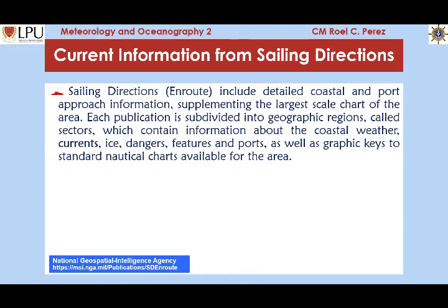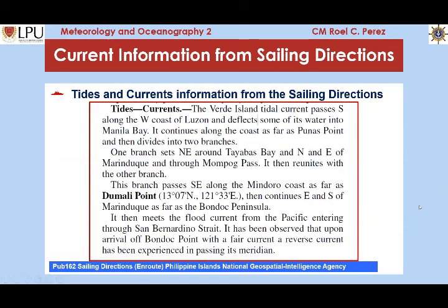So it is still giving information about currents. Okay, so this is an example from the sailing directions regarding tides and current.